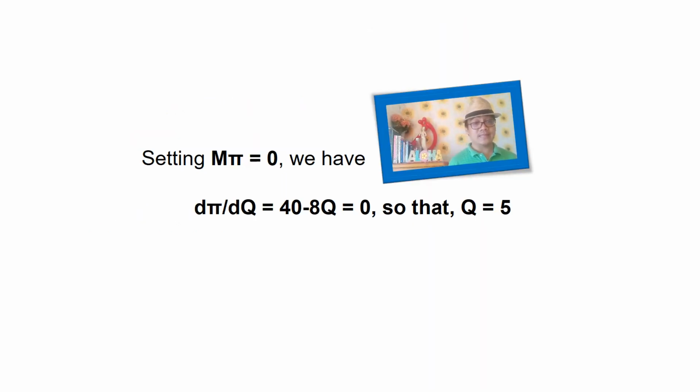Traditionally, we set marginal profit equal to 0. So we have the first derivative of the profit function with respect to q equal to 40 minus 8q equals 0, so that q equals 5. This value is infeasible. That is, it violates the contract constraint.